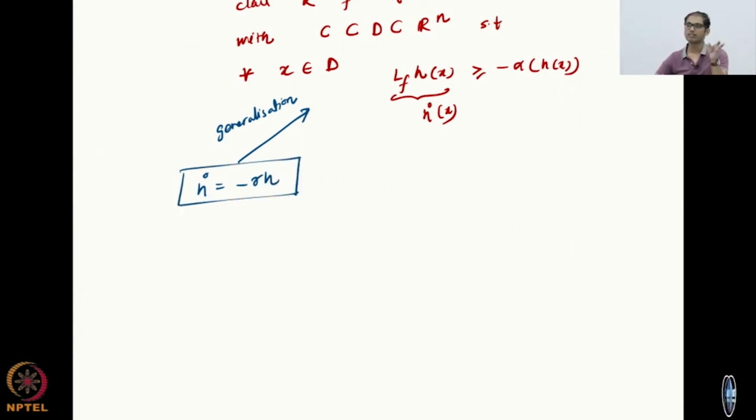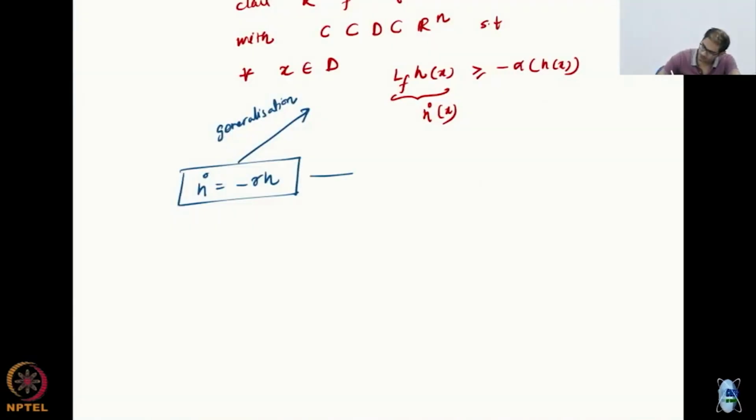If you take alpha, the extended class K function, as H itself, alpha of H is just H, because it will be 0 at 0 and then increasing, on the negative side it will go down, no problem, basically a straight line. So if the alpha function is taken as the unit function itself, then this is the generalization of this one. So what do you want to do? You want to basically maintain h greater than or equal to 0.